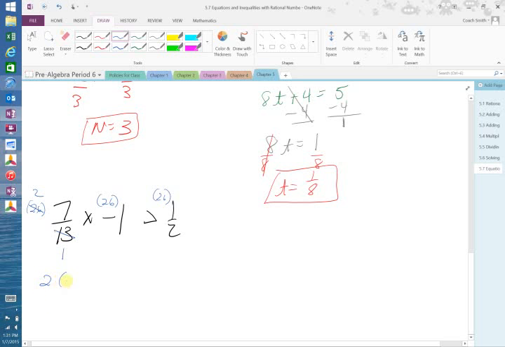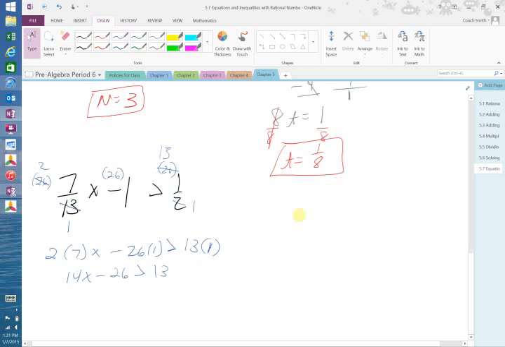So that's 2 times 7 times x minus 26 times 1 is greater than 2 goes into 2 once, 2 goes into 26 13 times. So that'd be 13 times 1. So that's 14x minus 26 is greater than 13.